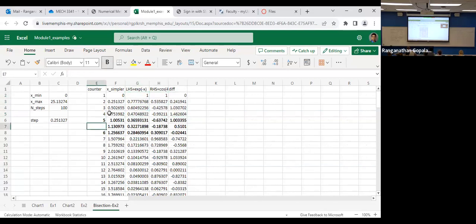All right, here I'm going to label this newly added midpoint. Are you with me? We added a midpoint. At that midpoint, the function's value left hand side 0.322, right hand side minus 0.187, and the difference is 0.5101. Okay.